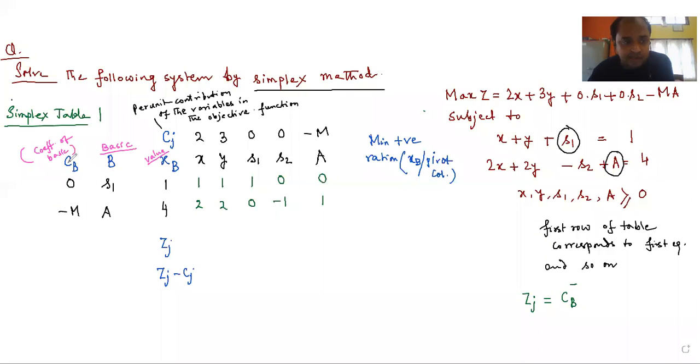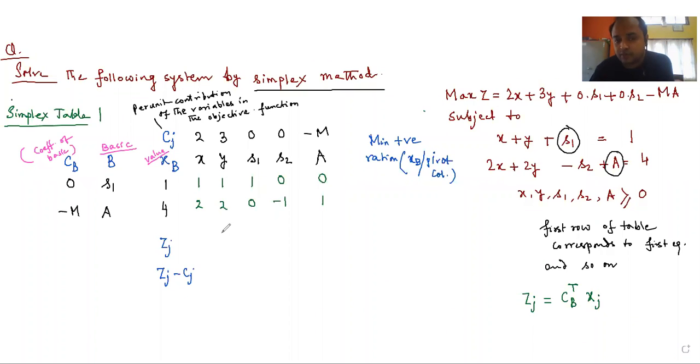If you look at this CB as a column matrix, it will be the transpose of this matrix, CBT. That means the column matrix becomes a row matrix multiplied by the variable xj. So to get the value of zj corresponding to this column, we shall multiply this matrix, considering it to be a row matrix, by the column matrix of x.